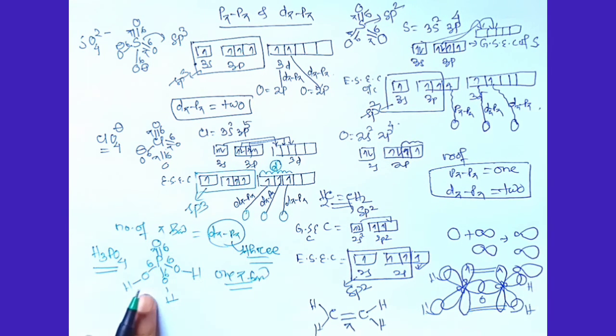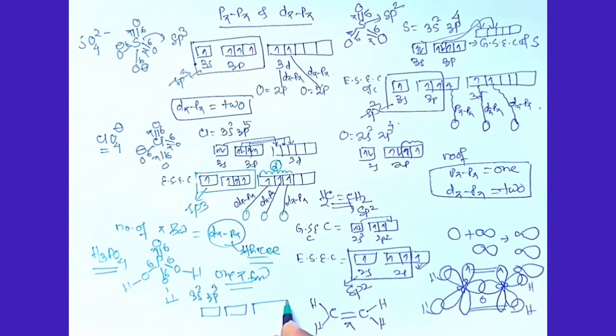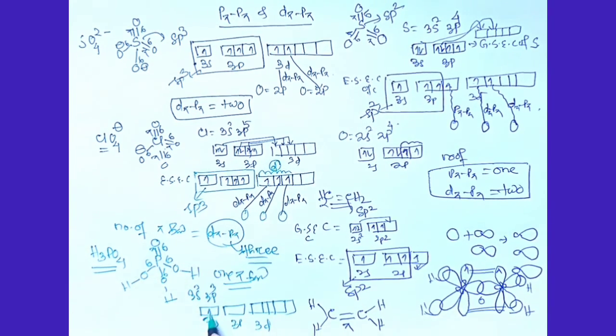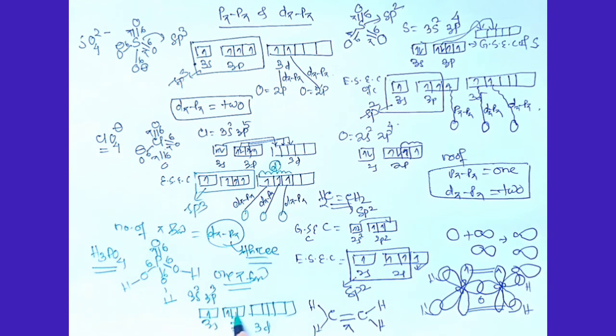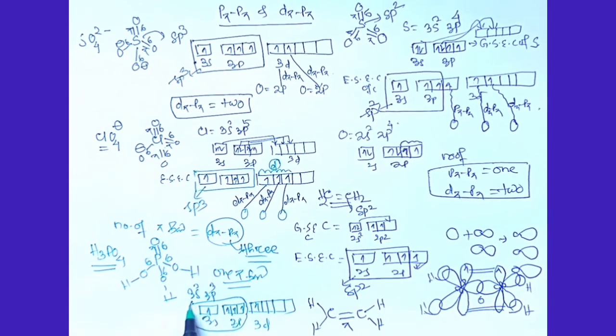So just see the phosphorus configuration. It is 3s2 3p3. If you draw the excited state electron configuration, 3s2 3p3 and 3d, 1 2 3 4 and 5. Hybridization is sp3.